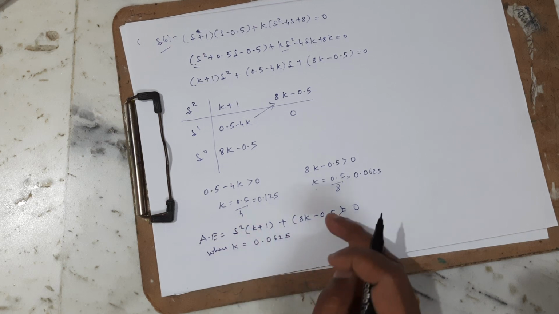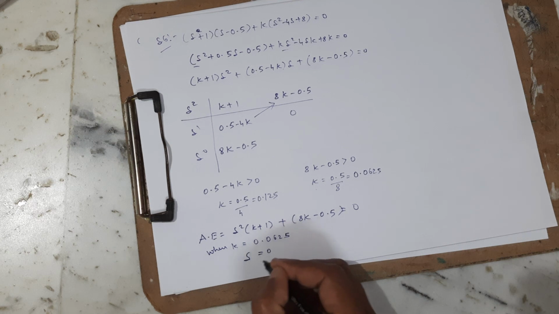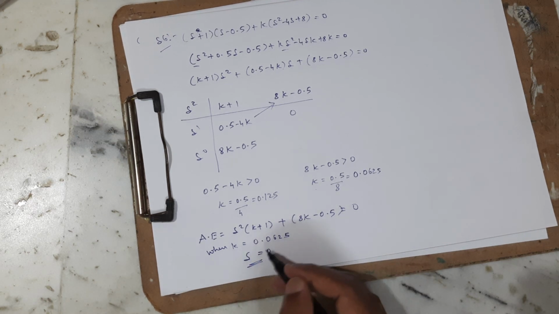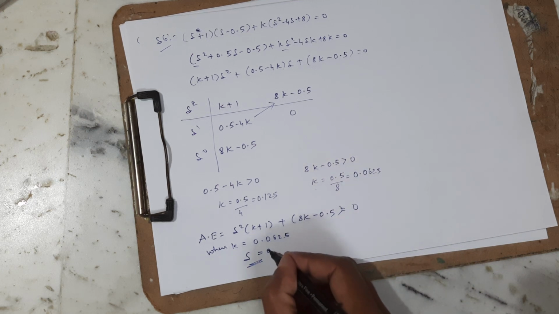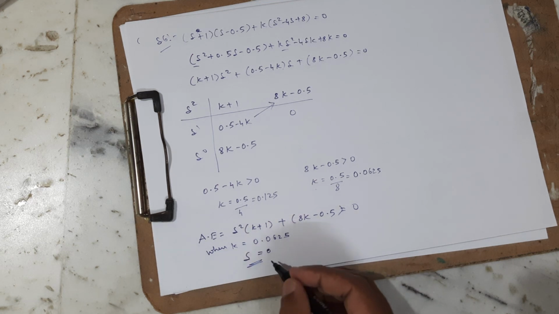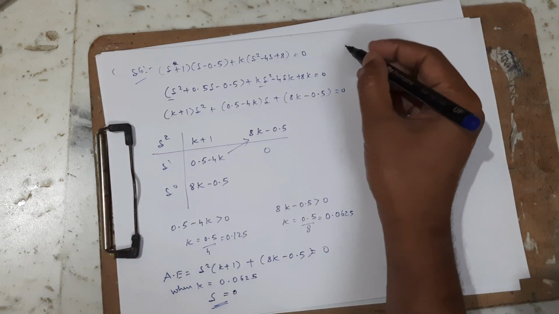After substituting, I found s is equal to 0. So when k is 0.0625, the root locus meets the imaginary axis at 0. That is the first value I got.